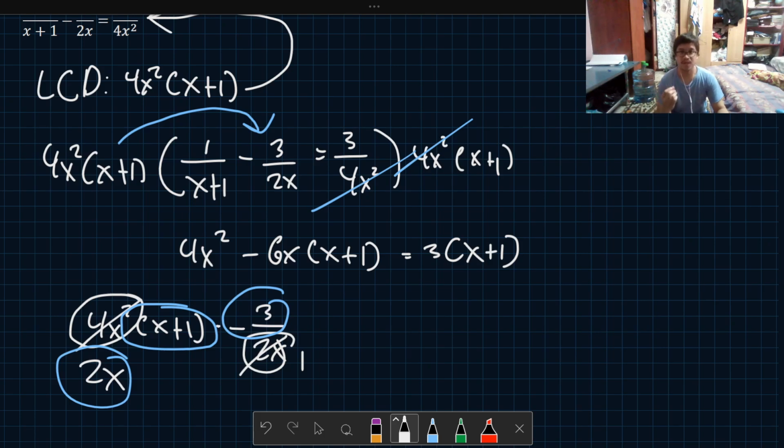So if you're going to simplify by cancellation, just like what I did here, you need a term or factor below and a factor above. And by above, it could mean literally above the denominator or just beside the denominator. So if you have that scenario, you can simplify by cancellation.